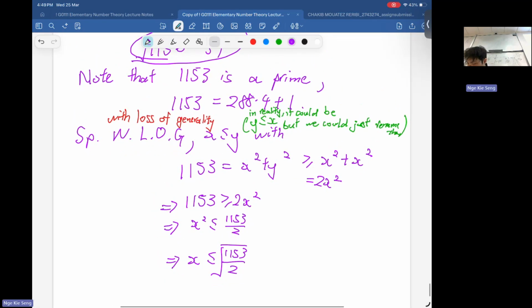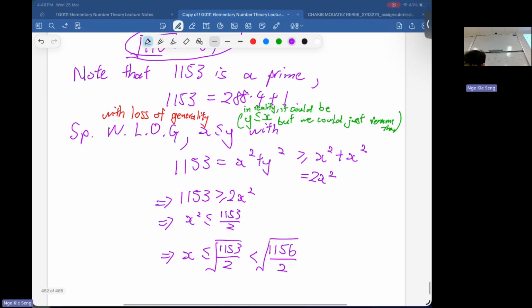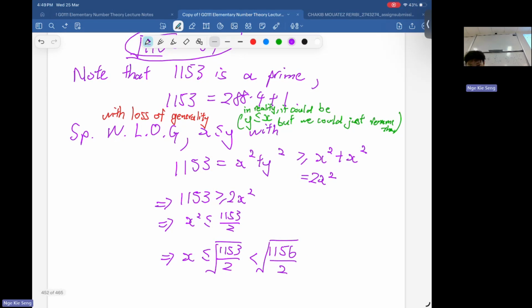But then you give me the nearest perfect square, right? So maybe we take 1156 over 2. Is it good? But then I can only take the square root of 1156, but I cannot take the square root of 2. Should you calculate using a calculator, or can I work out a clever thing?